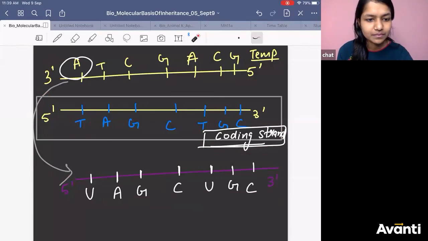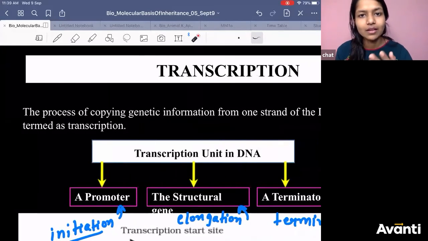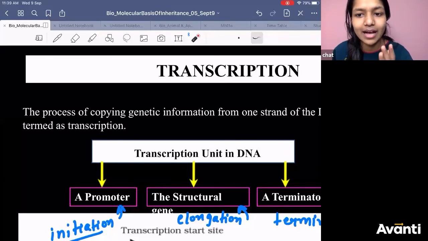What is your question? RNA is single-stranded, my dear. We are making it from 2 strands of DNA. From the beginning, I have been telling you, from 2 strands of DNA, how many strands of RNA are we making? 1 strand of RNA, right?